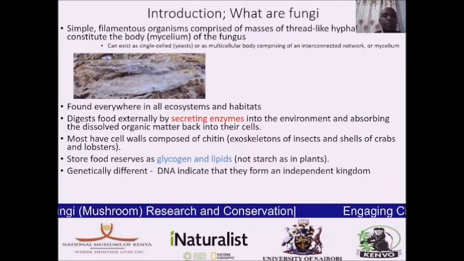I will start by giving a brief introduction of what fungi are. Fungi are small filamentous organisms comprised of masses of thread-like hyphae, which constitute the body of the mycelia of the fungus.